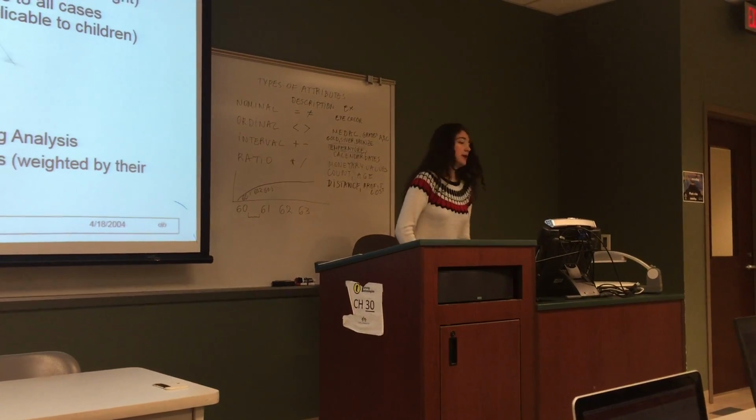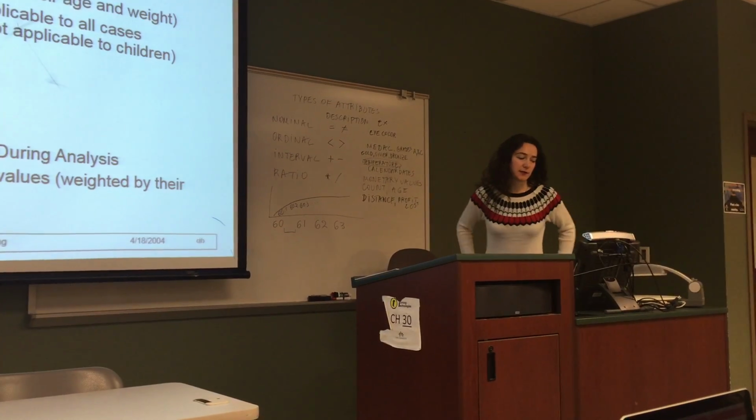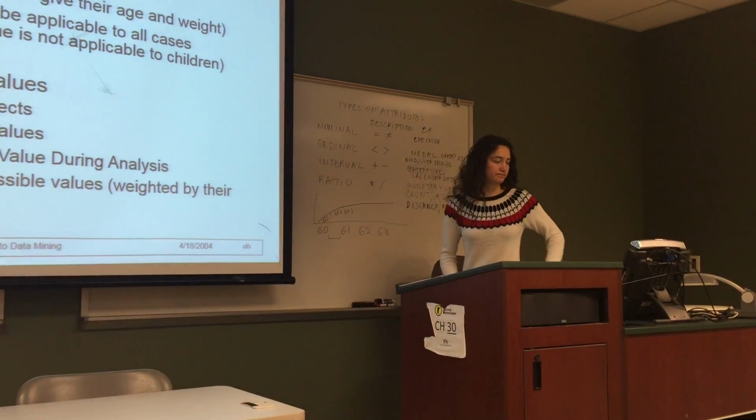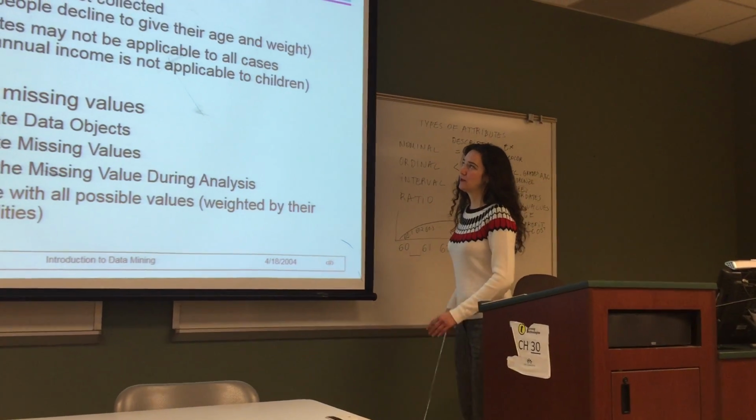So one thing is the outliers, and another pre-processing is to deal with the missing values. Why do we have values that are missing?